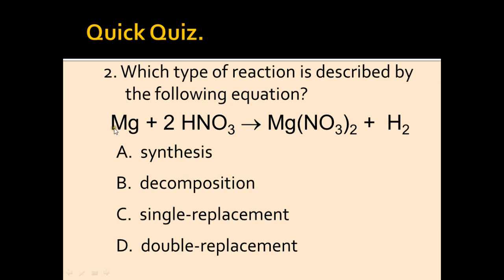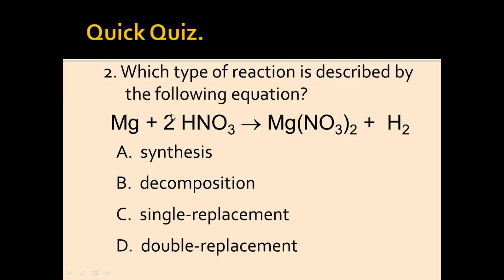And so pretty much the Mg switches with the H. And so if we have one loner element and a little couple here, and then this loner becomes part of the couple and kicks out one other person. So this would be an example of a single replacement because one element here is replaced by one.